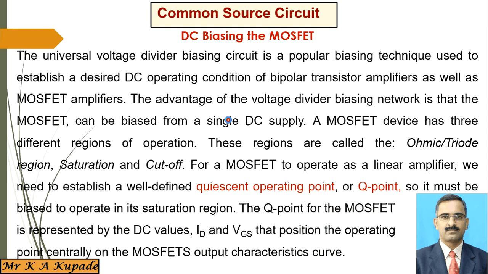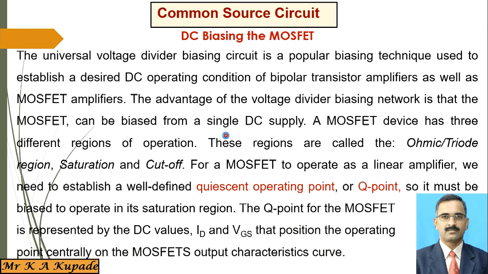Okay, the advantage of the voltage divider biasing technique in the MOSFET is that it uses only a single DC supply for both the gate as well as the drain to source, to set the operating voltage for the gate as well as the DC drain to source voltage.